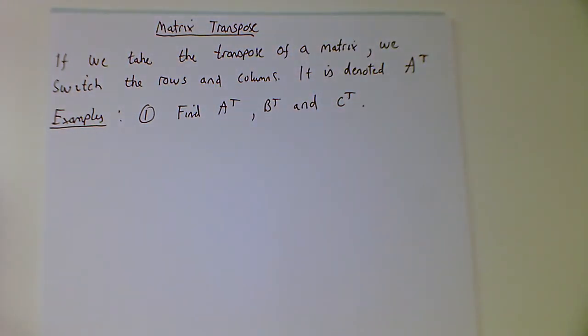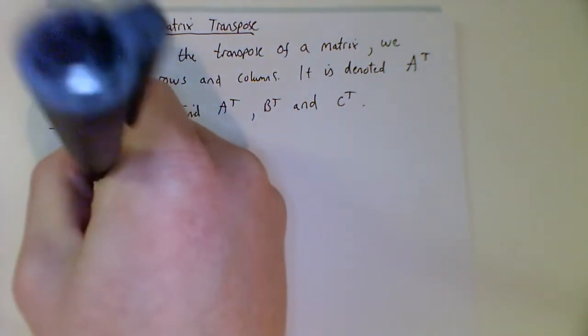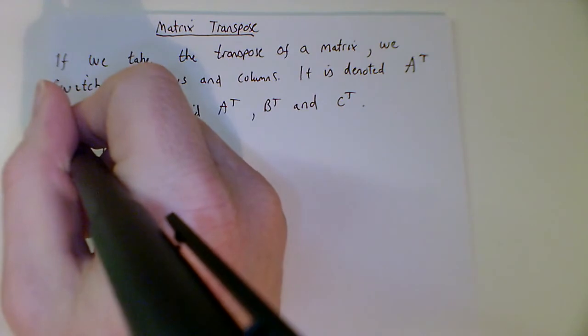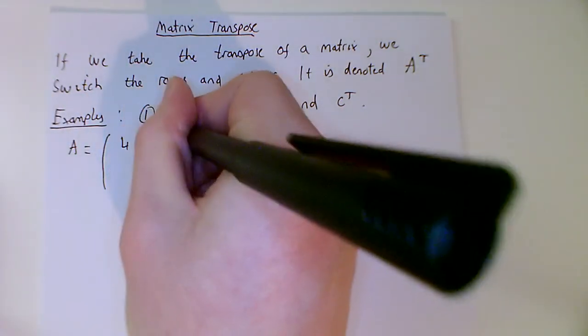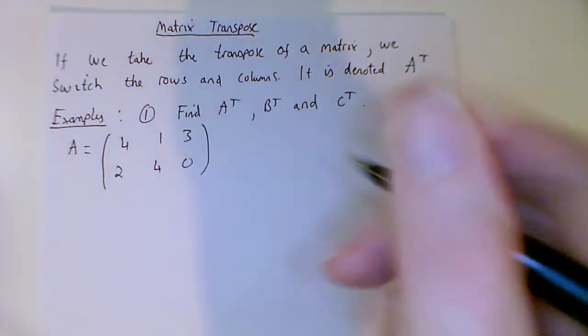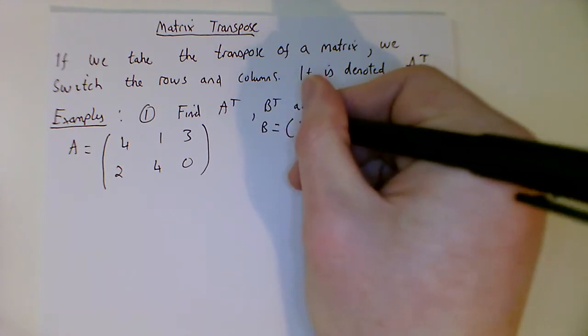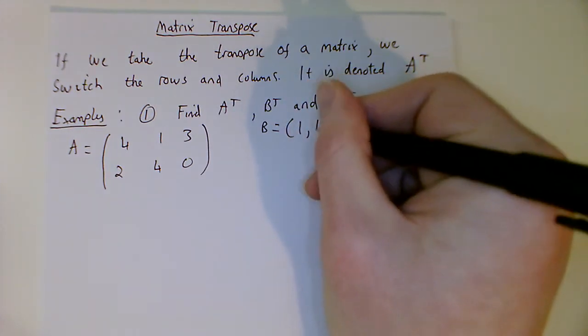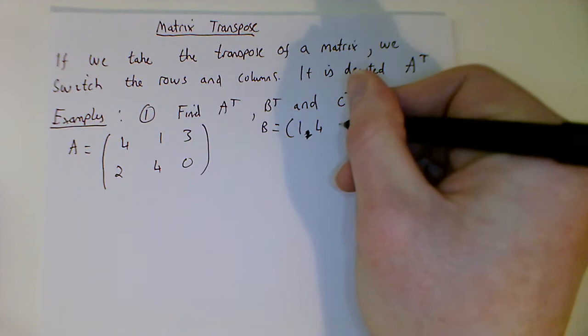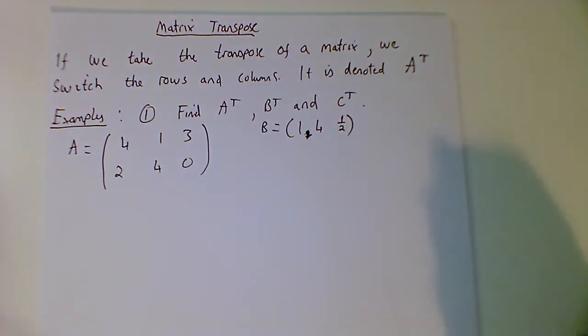Okay, so let's have a look at an example. I'm going to give you 3 matrices and we're just going to find the transpose of each. So A is 4, 1, 3, 2, 4, 0. And B is 1, 4, oh sorry, should have a comma in there, that would make it a vector, and a half.